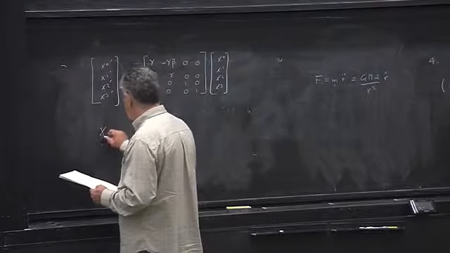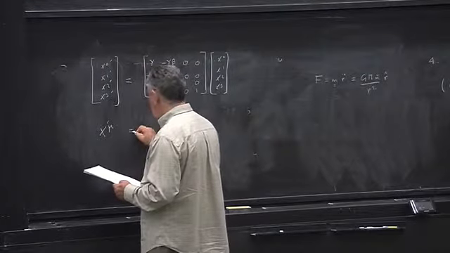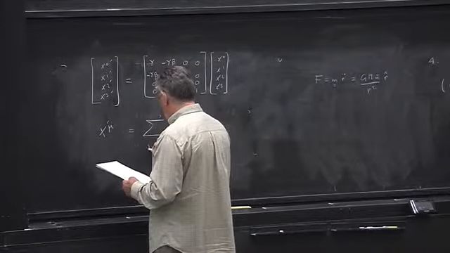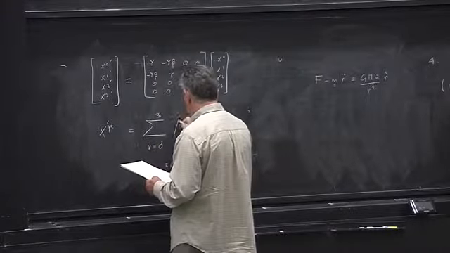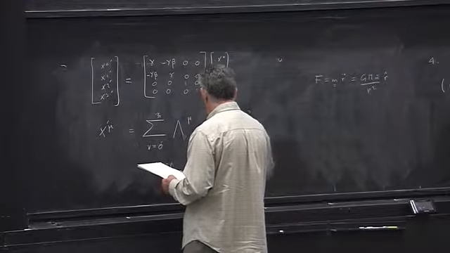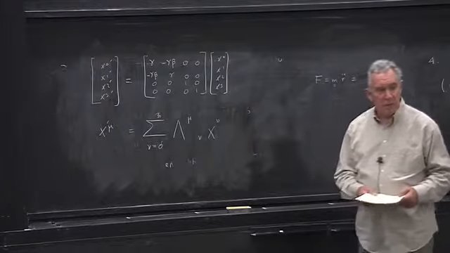And I can abbreviate that by saying x prime mu equals the sum from nu equals 0 to 3 of lambda mu nu x nu, where lambda mu nu is the 4x4 matrix.